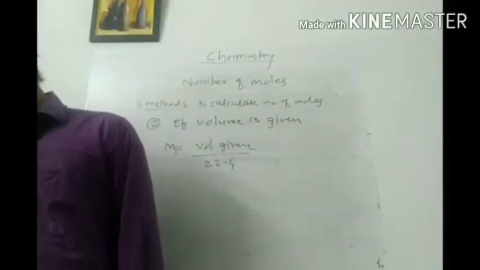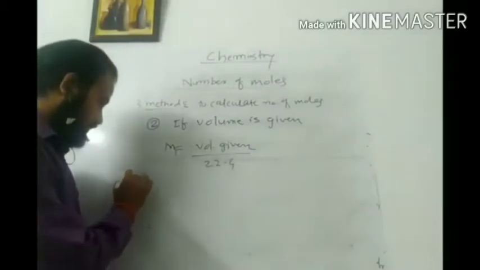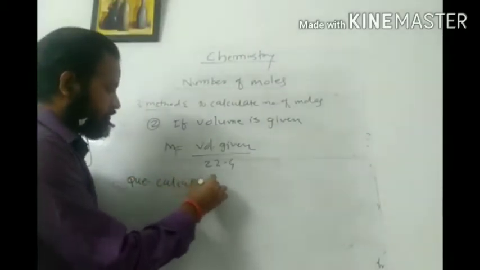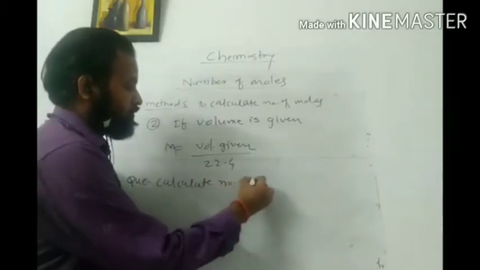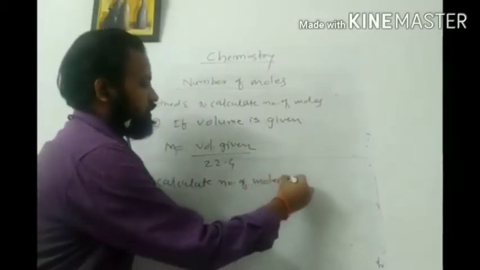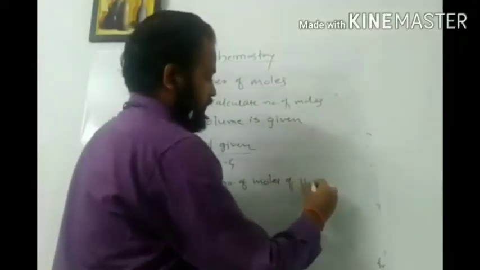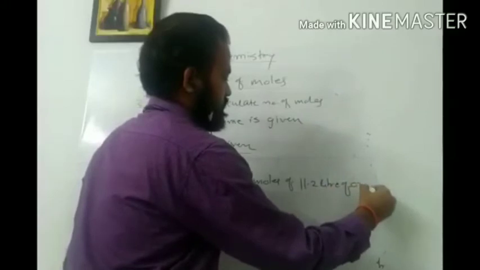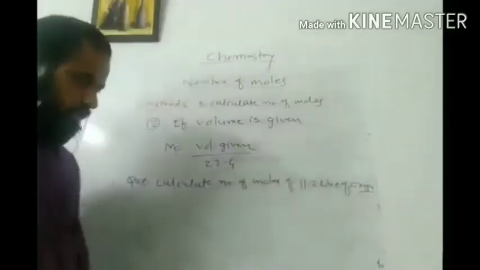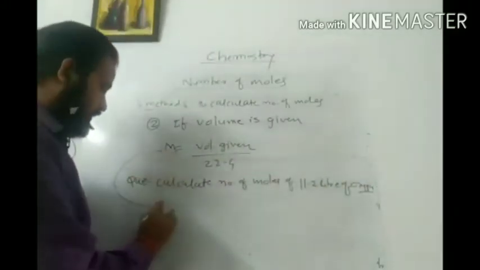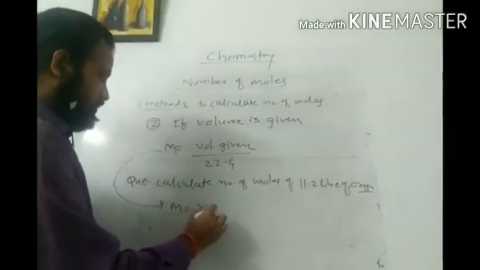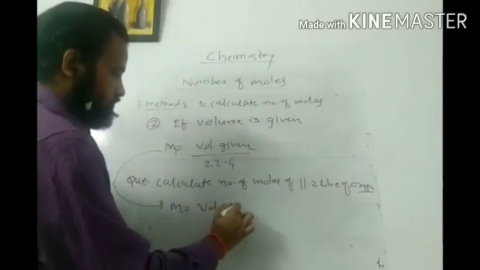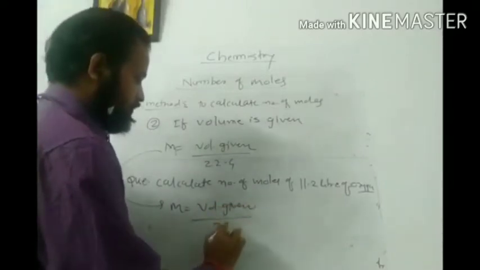Calculate the number of moles of 11.2 liter of oxygen. The question is like this. Simply, we have to use this formula again. I will repeat it: moles equal to volume given divided by 22.4.